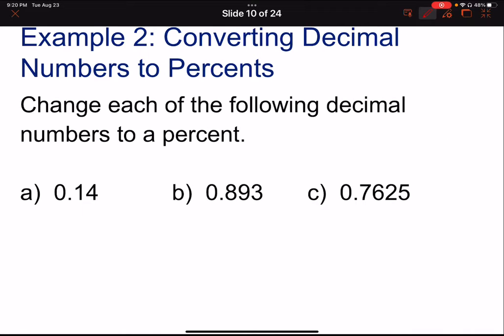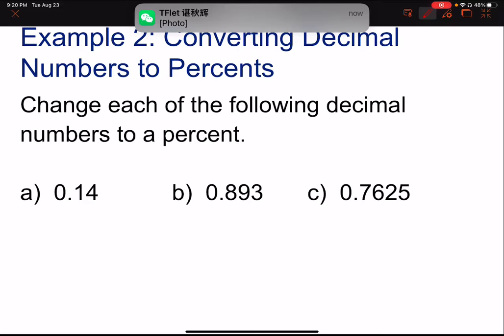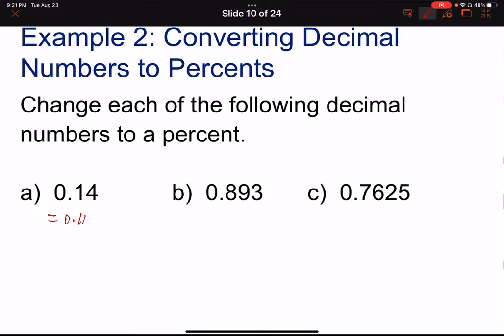Okay, so let's see, 0.14, we want to change this to a percent, right? 0.14 equals 0.14 times 100%. Again, 100% is 1. And then 100 multiplied by 0.14 is 14. And the percent sign doesn't change, you just copy that.